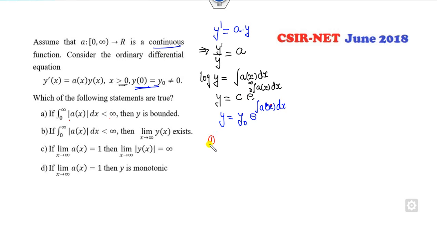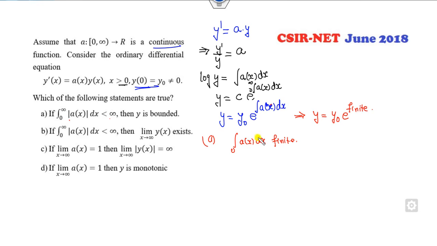Okay, so look at that. If this integration is finite, then y is y0 e raised to the power some finite number. So if this is finite, then y is bounded. Can you say how you can say it is bounded?